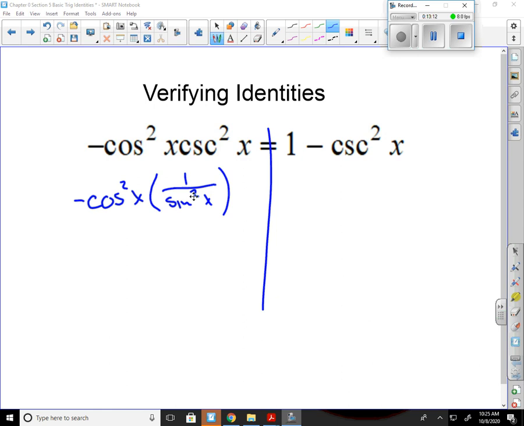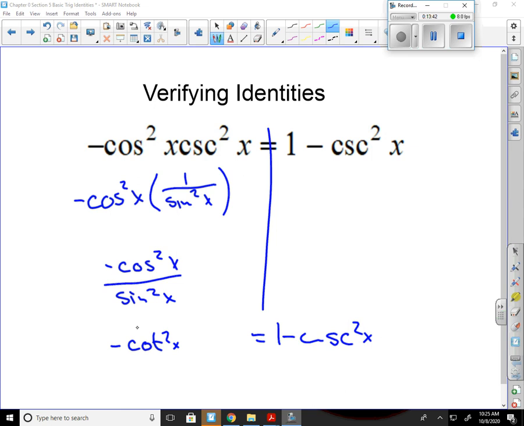That tells us that we multiply the top, negative cosine squared of x times 1. So that's negative cosine squared of x over sine squared of x. Then cosine squared of x over sine squared of x, that's the cotangent. So I have the negative cotangent squared of x equals what's on the other side.